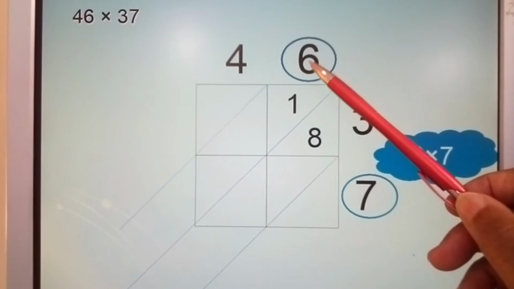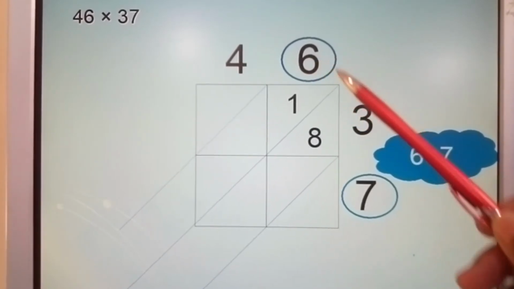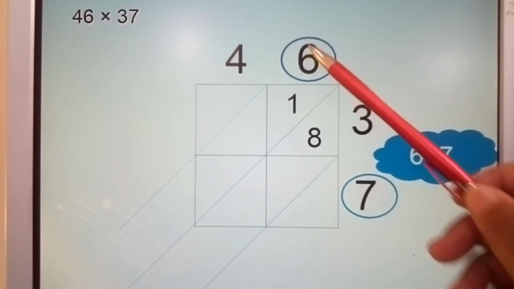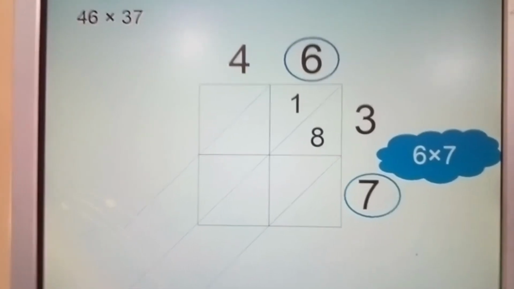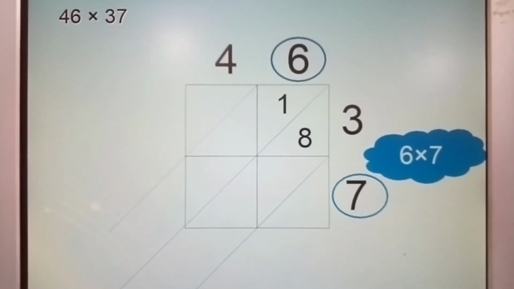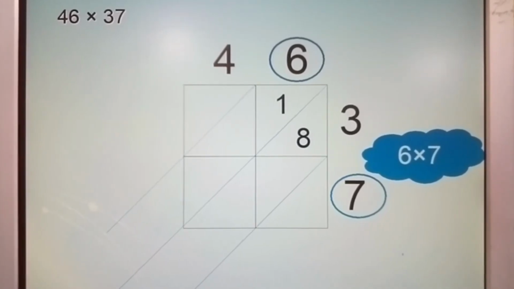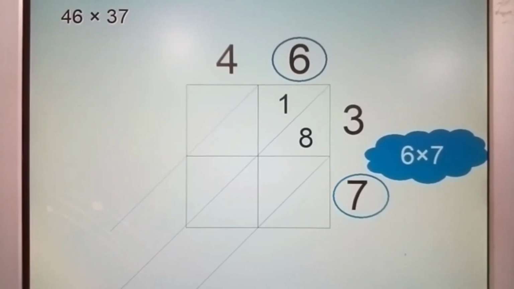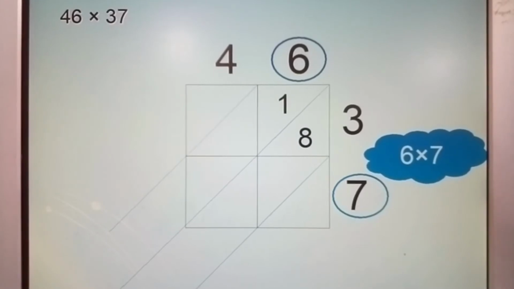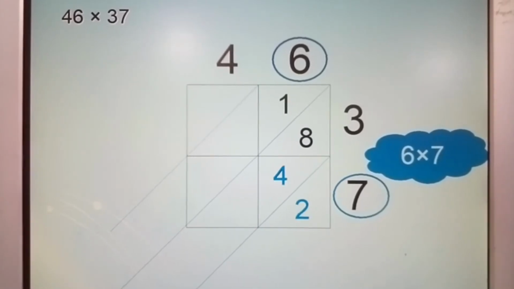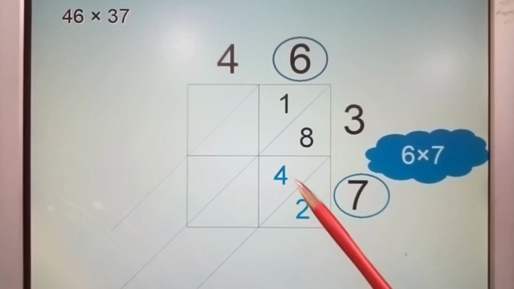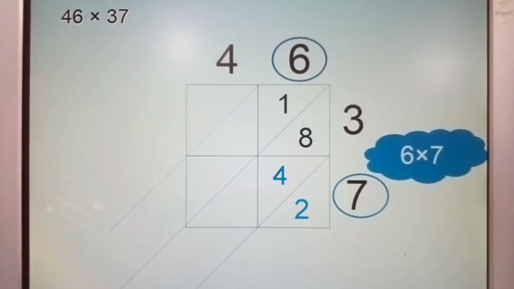We have multiplied 6 times 3. Now going to multiply 6 times 7. And what is 6 times 7? 6 times 7 equals 42. Okay, there's our 42.